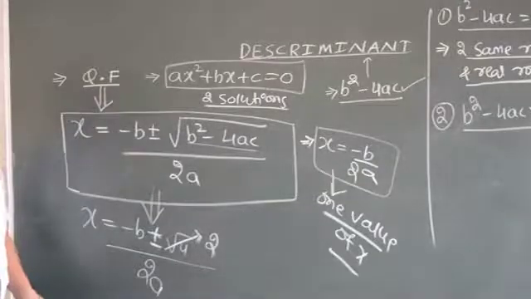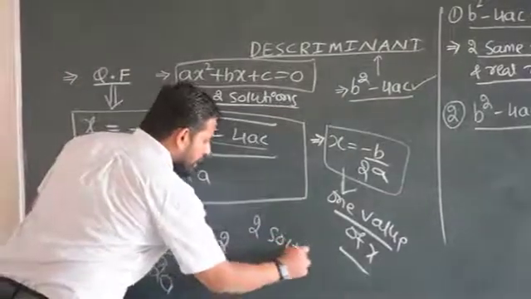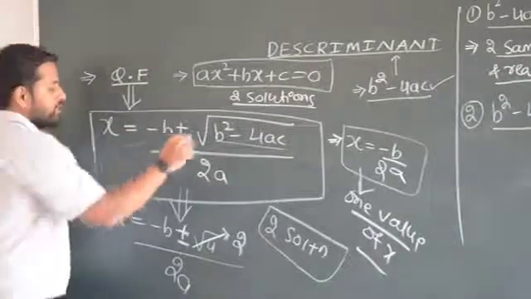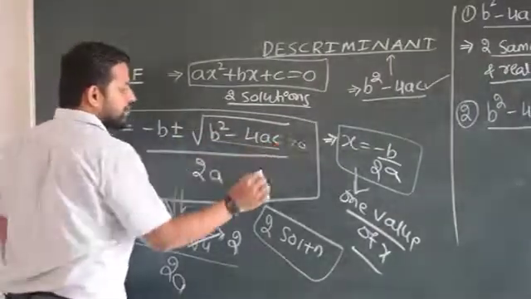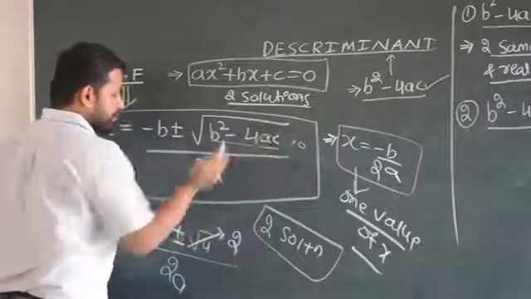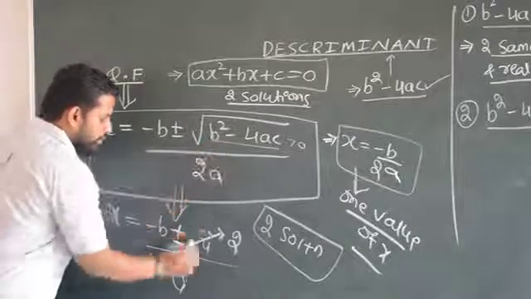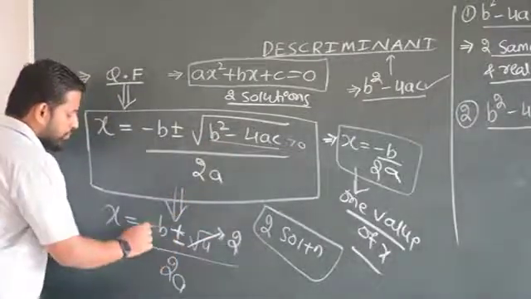I am going to get 2 solutions, no? Yes or no? Try to understand what I am trying to say. Let me repeat it one more time. If b square minus 4ac is greater than 0, that is the second situation, and one example is 4. Under root 4 means it becomes 2. Now to this, minus b is there.